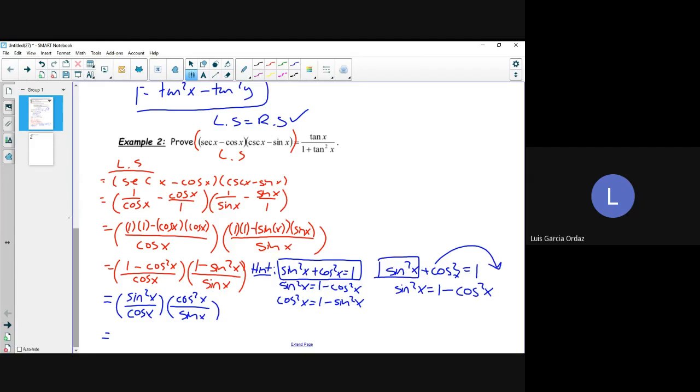That is another trig identity. And as you can see, we have 1 minus cos squared x in our numerator in the first fraction, so we can just say 1 minus cos squared x is the same thing as saying sine squared x. And it's the same thing when you're isolating for cos squared x, you get 1 minus sine squared x.